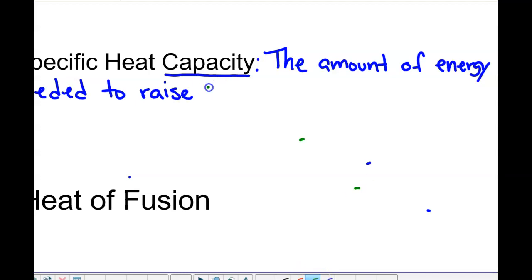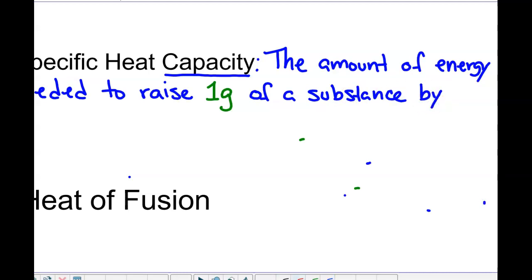So we're going to say 1 gram, right? That's the mass of a substance by 1 degree Celsius, or 1 Kelvin.